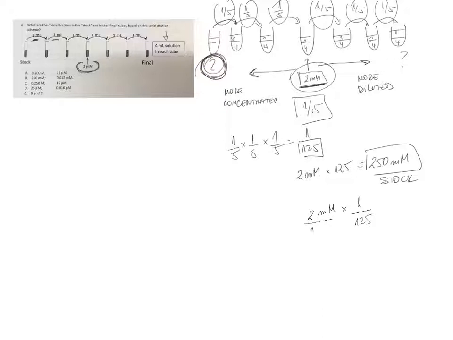So it's 1 here, and then this is equal to 2 divided by 125. This is equal to 0.016 millimolar, and this is the final.